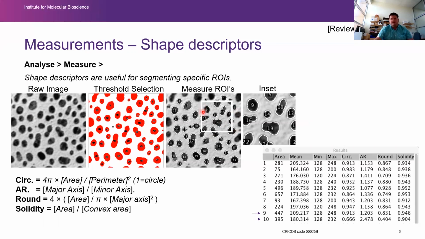But just importantly, to show you where it's useful, if we look at number 9 and number 10, and then come to the results window, we can see that number 9 is quite high in its circularity. A circularity score of 1 is a perfect circle, and 0 is not a perfect circle, so it's more square. Object number 10, which is this elongated one, has a score of 0.666.